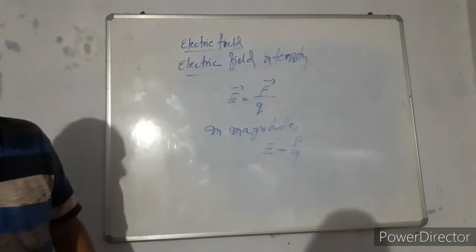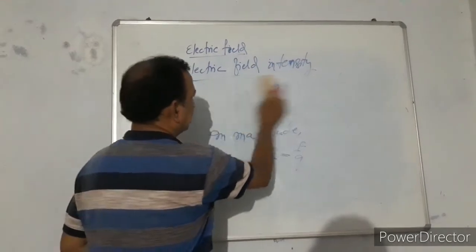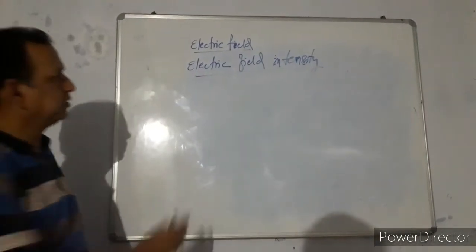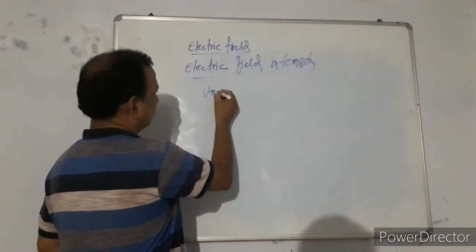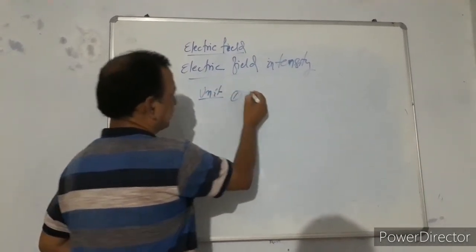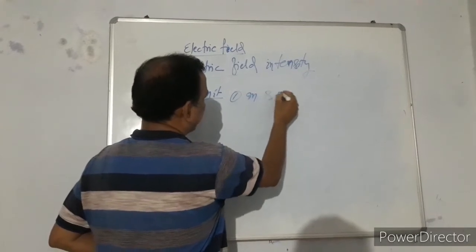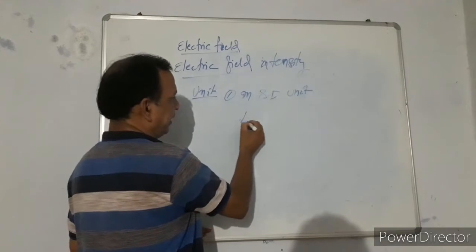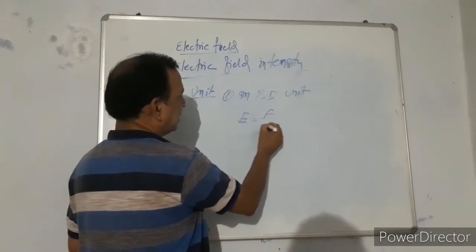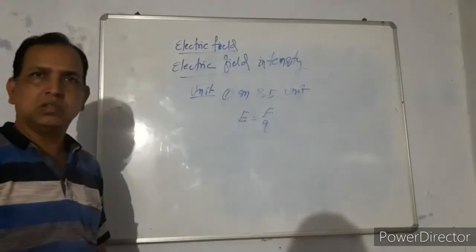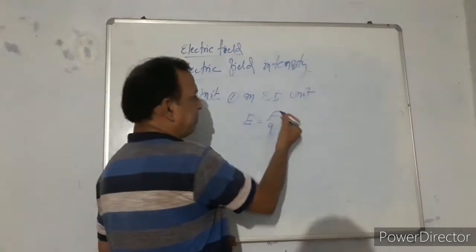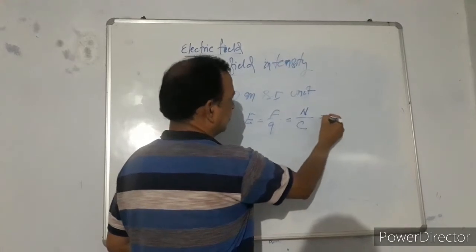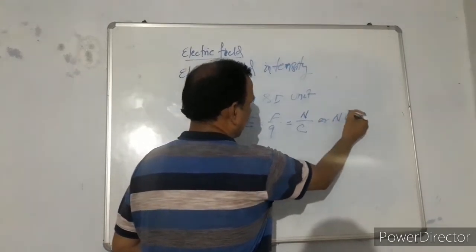Now, what is the unit of intensity? Number 1, in SI unit, E is equal to F by Q, which means Newton by Coulomb or Newton Coulomb inverse.